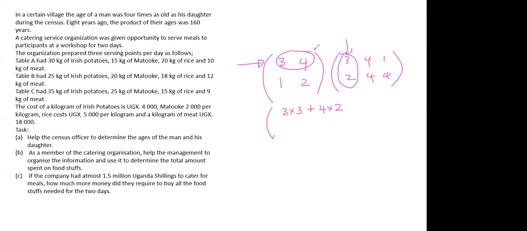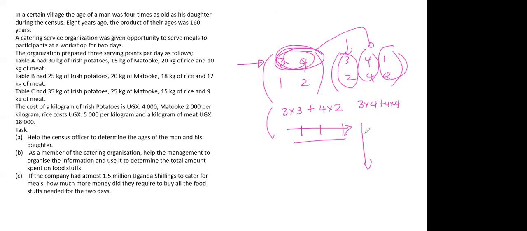Then the same row will go with the second column, so I will multiply 3 times 4 plus 4 times 4. Then this one will go with the third one. So you must make sure that you are multiplying a row by a column, and that in case you have 3 elements in the row, they multiply 3 elements in the column. So those must always be equal.